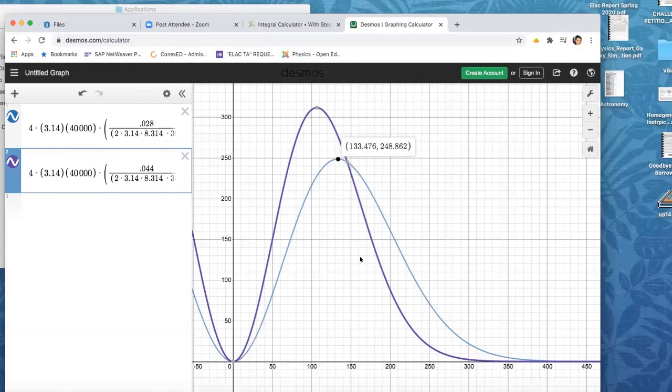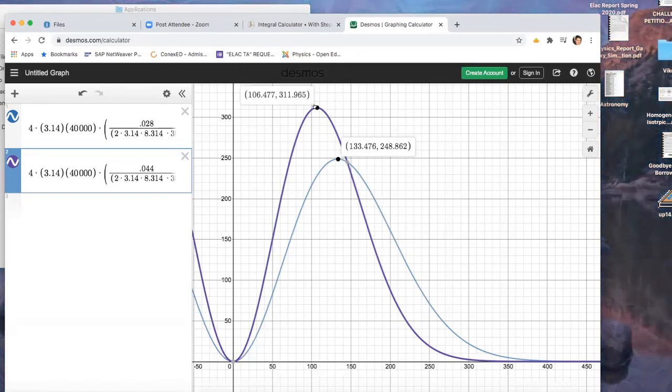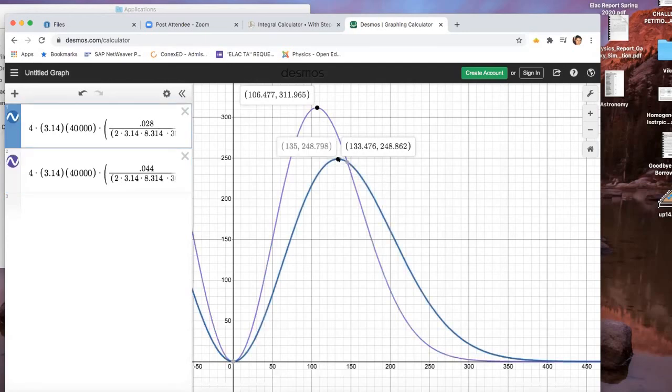If both of them are at the same temperature, then the V probable is lower, the average is going to be lower, and the root mean square is going to be lower, right? But the number of particles traveling at that speed is going to be like 311 here, whereas this one, the number of particles is going to be 248.